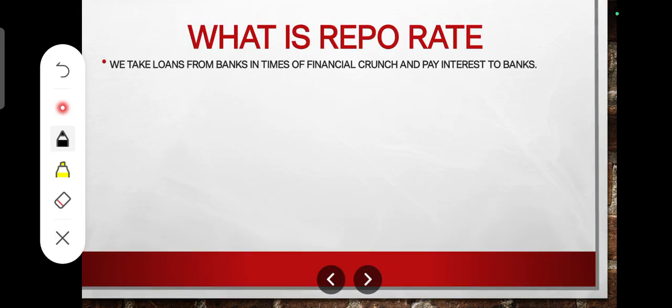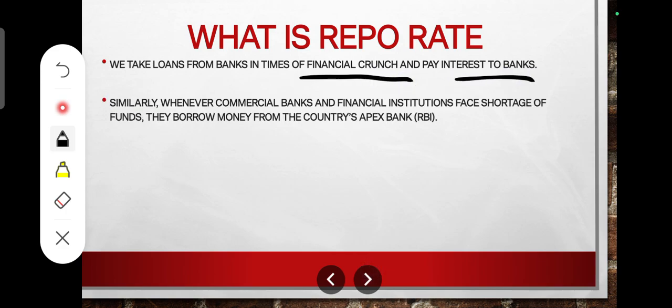We all know that whenever we require funds, we are having a financial crunch, we go to the banks and take loans. So whenever you are taking a loan, you have to pay a rate of interest. Similarly, whenever the commercial banks or any financial institutions face a shortage of funds, what do they do? They go to the country's apex bank, that is the Reserve Bank of India, the topmost bank in the country.